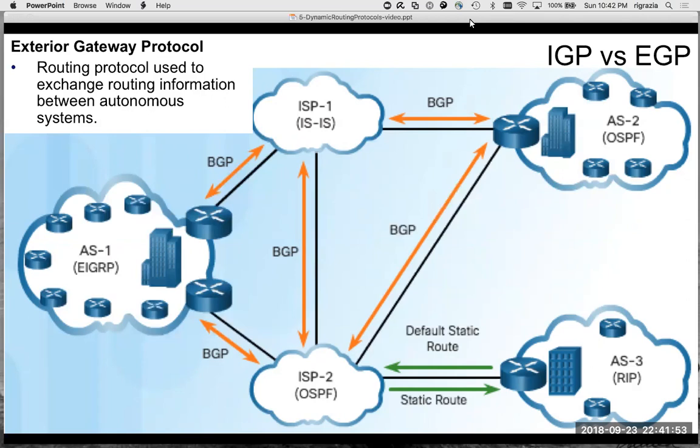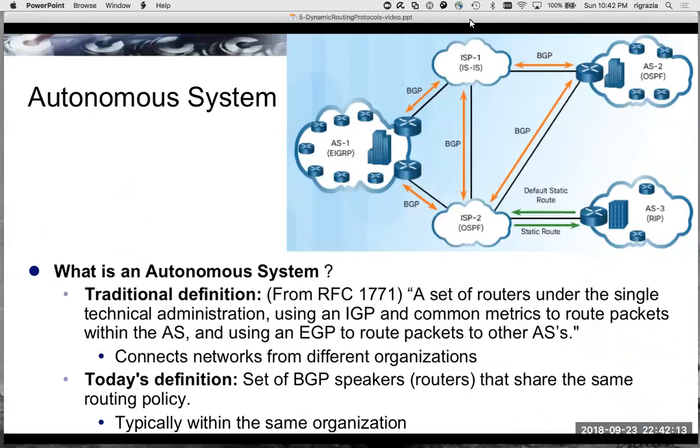Many organizations connect with their internet service provider using Border Gateway Protocol to exchange routing information. Not all, though. Some will use something as you see in the lower right there, something as simple as a static route to do that.